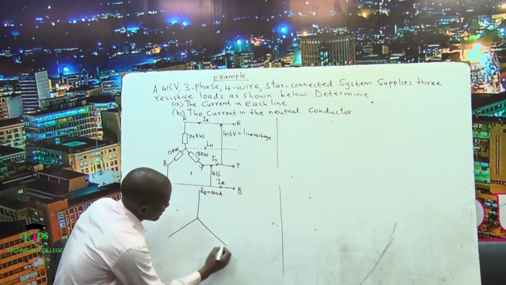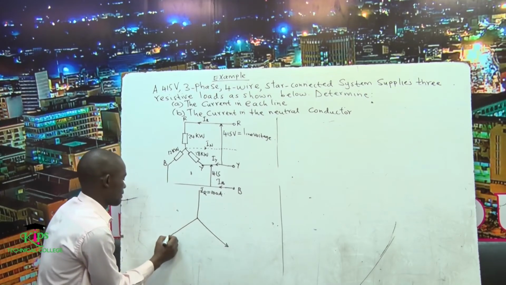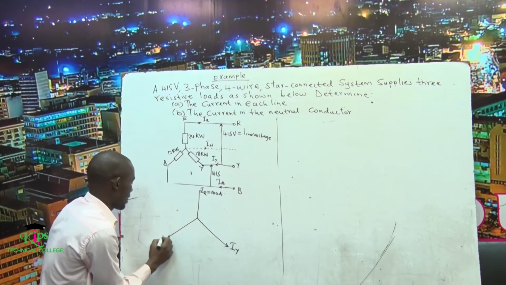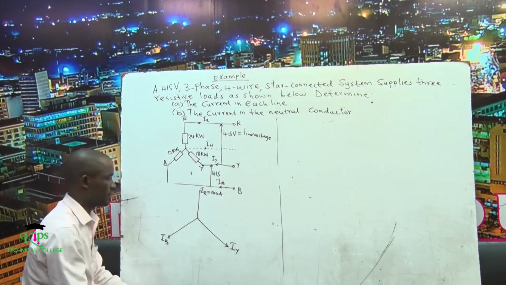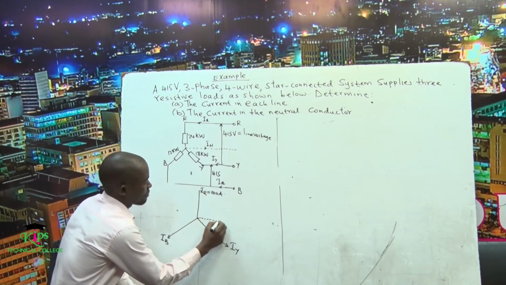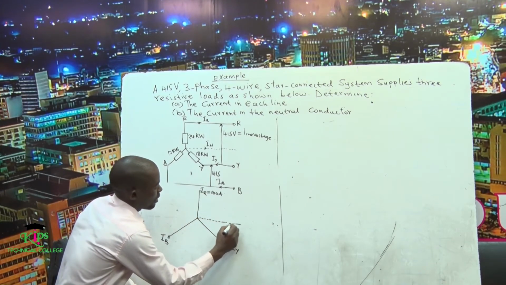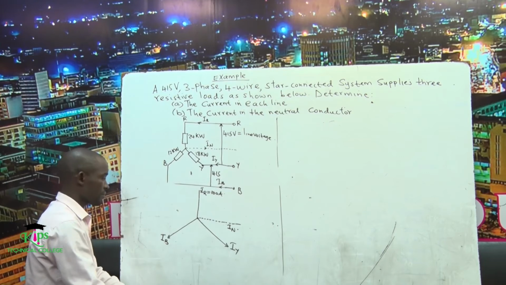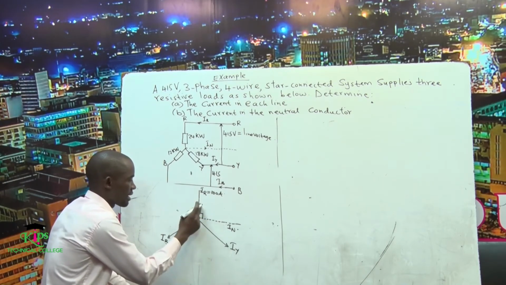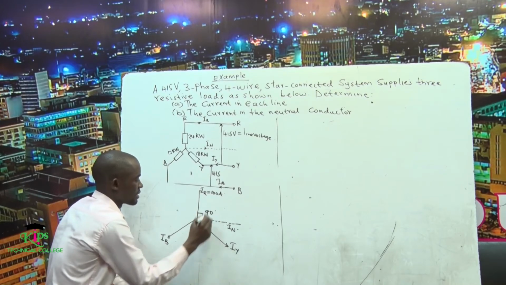Remember we draw them like this. This is IY and this is IB. Remember, this now becomes our neutral, our IN. So this angle between the neutral and the red phase is 90 degrees.